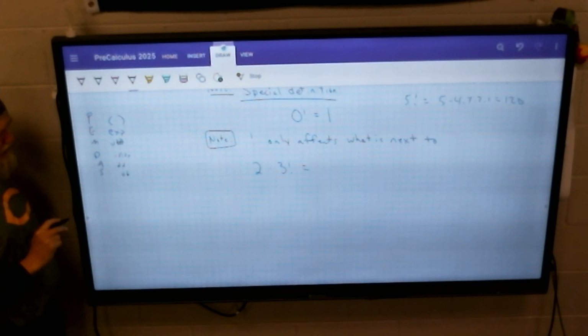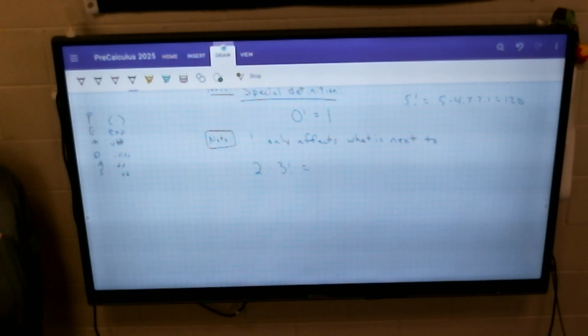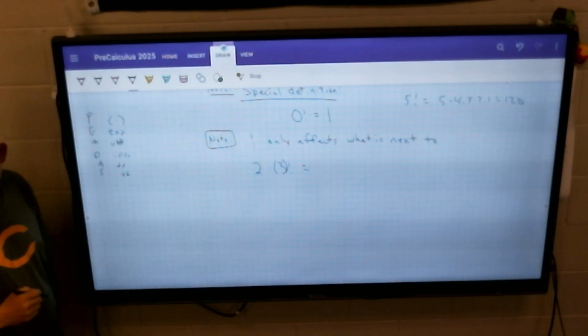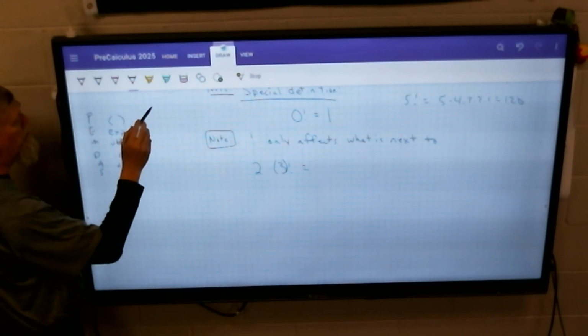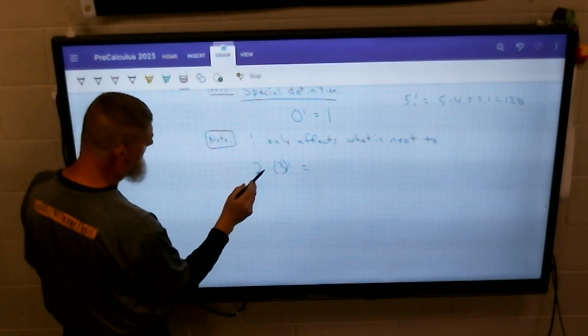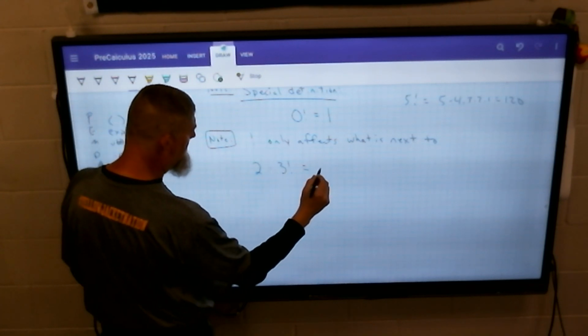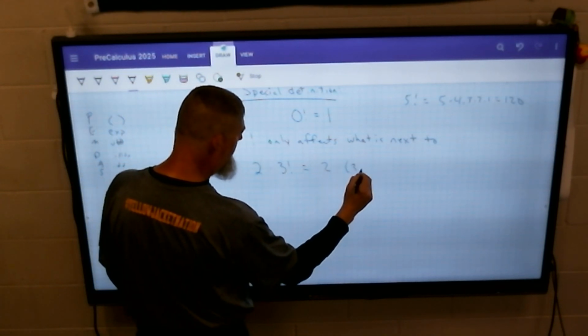Well, where would factorial be inserted? It's kind of like parentheses. You always do that factorial first. So in this case, what this means is 2 times 3 times 2 times 1.